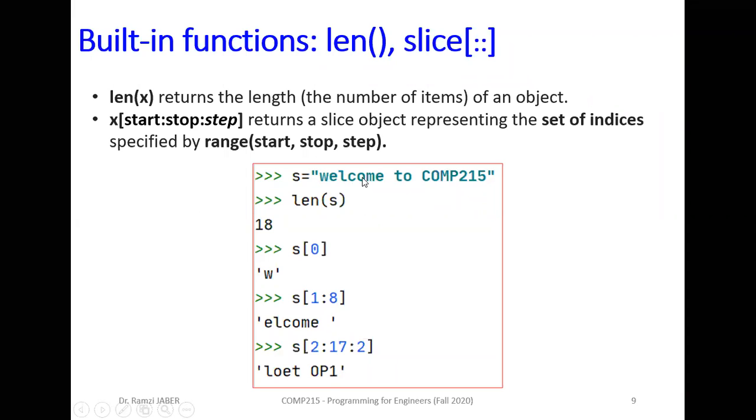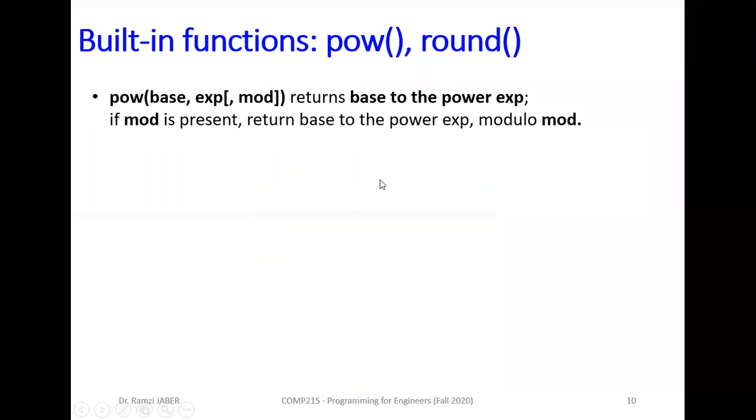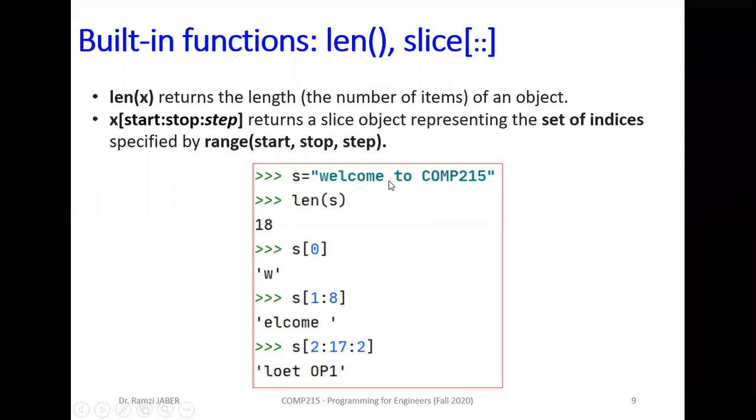S4 will be O, S6 will be E, okay, S8 will be T, S10 will be space, here space, plus 2 O, plus 2 P, plus 2, 1, and exit.